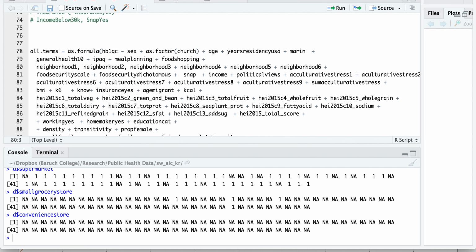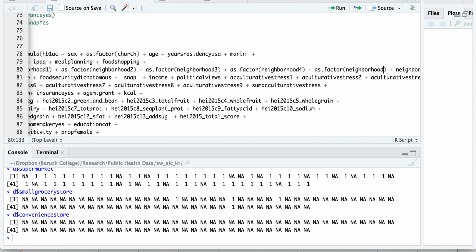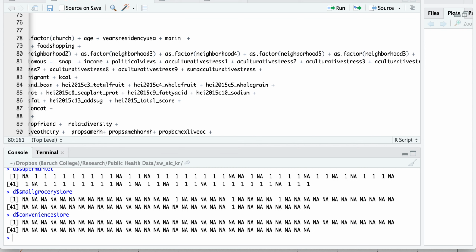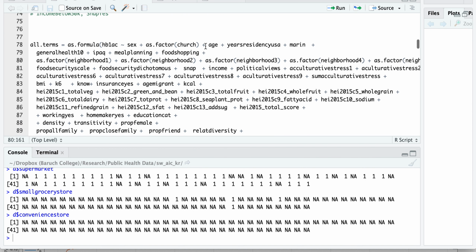I take them to the next line and I add as factor because they're categorical. Six. Okay.